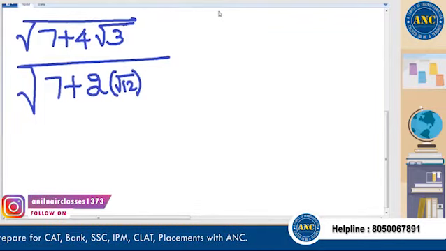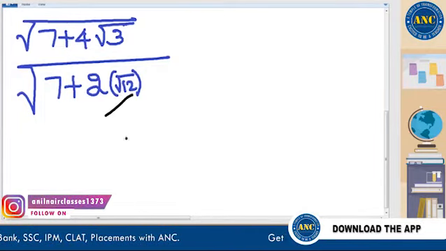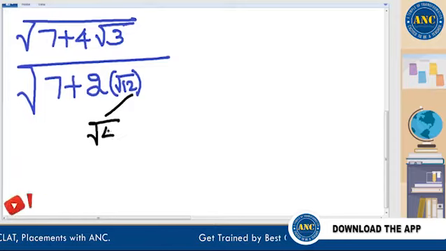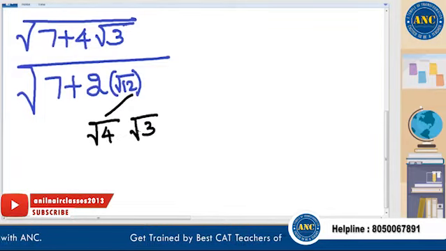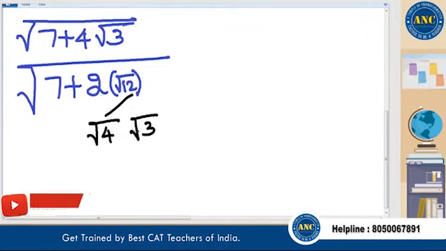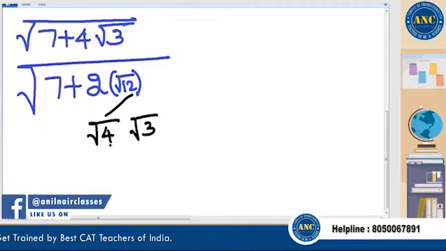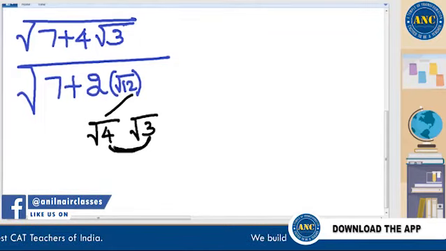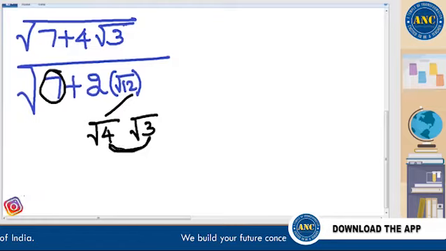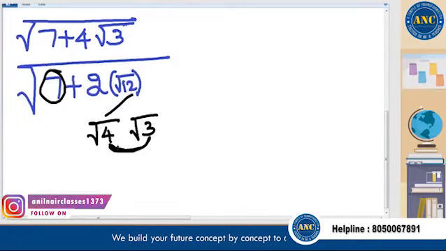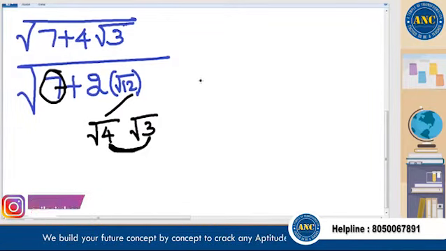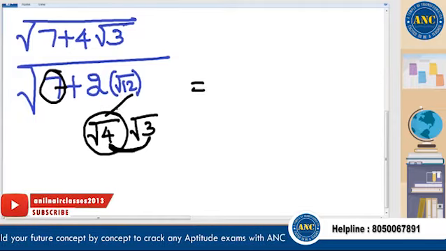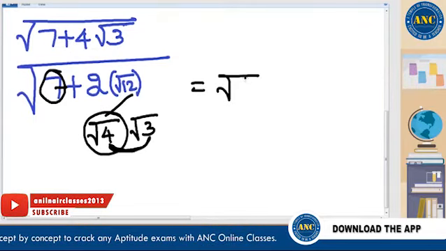Again same logic. Now root 12 can be written as root 12 into 1, or it can also be written as root 4 into root 3, or it can also be written as root 6 into root 2. But check it out, which 2 terms when I add it I should get 7. 4 plus 3 is only 7, 6 plus 2 is not 7. So that means this is the correct way of expression. That means write down this first term root 4, which is nothing but 2.